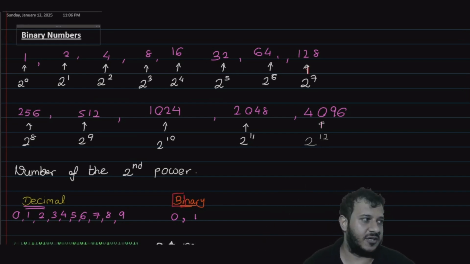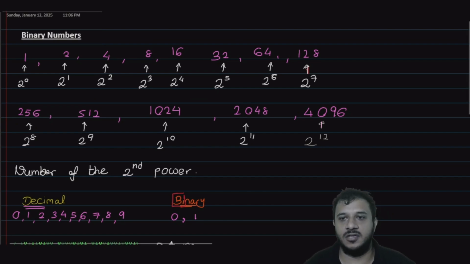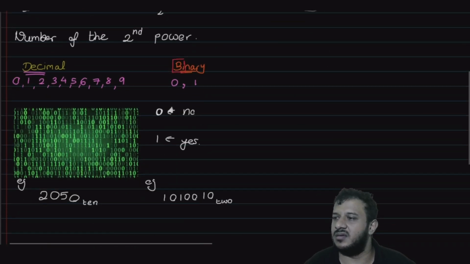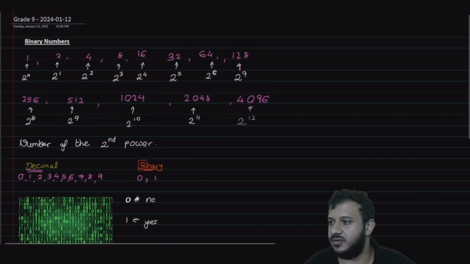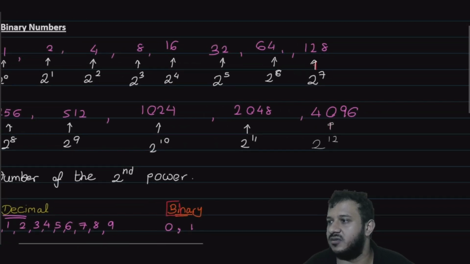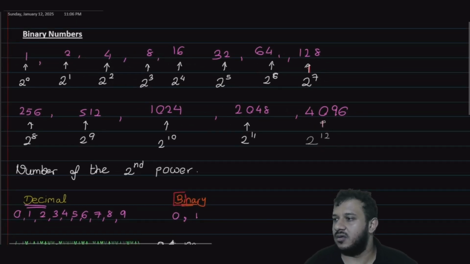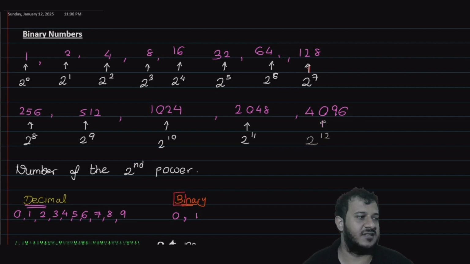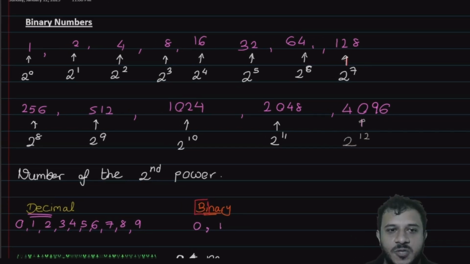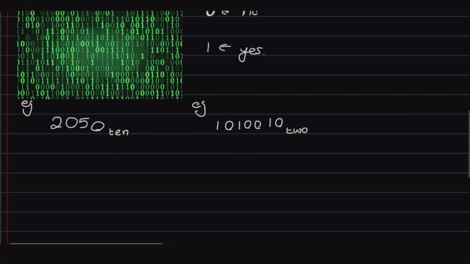I will give you about 2 to 3 minutes to write it down and get used to it, and after that, let's start the conversions. This lesson is very easy, don't worry. Alrighty, I hope you are done.